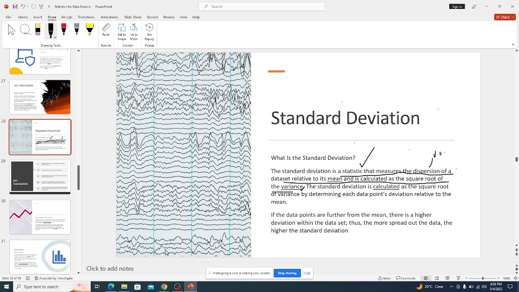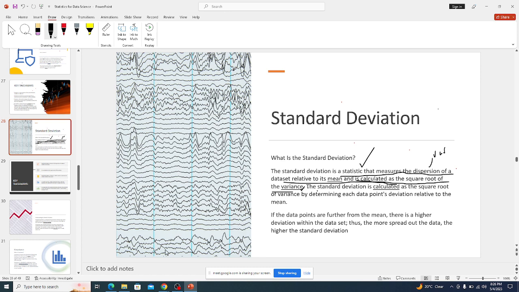Dispersion majorly means variability, how our data points vary from one point to the other. And we have already indicated that it is calculated as the square root of variance.